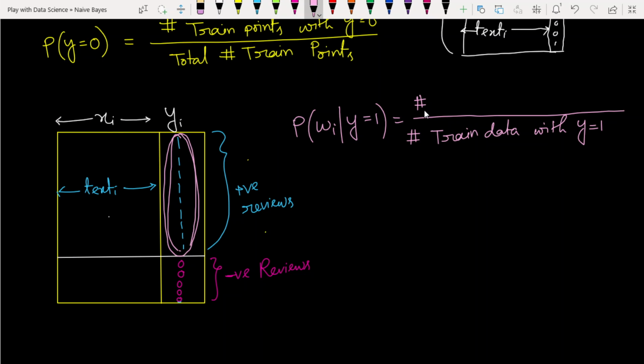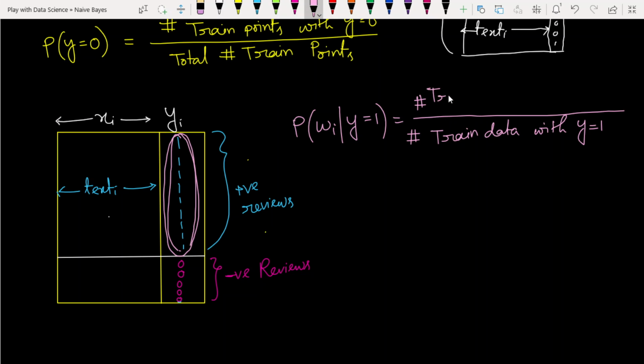Now in the numerator we have to find the number of points which contain wi. So we are interested in finding the points which contain wi, and where y equals plus, meaning in the first portion of this data, the positive review data, we have to find the texts which contain wi.